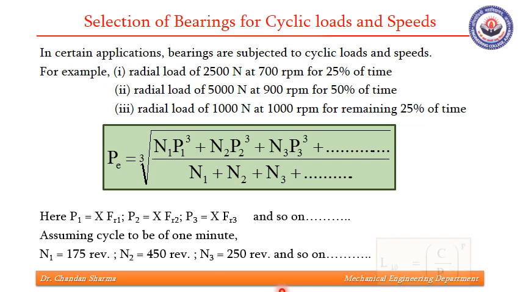Now in the load life relationship, earlier it was L10 equals C by P raised to power P. Now we'll put this PE, the equivalent dynamic load that we have calculated, and the remaining procedure will be the same as that for the bearings where load was constant.